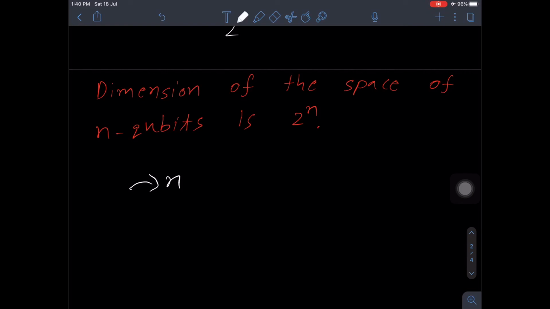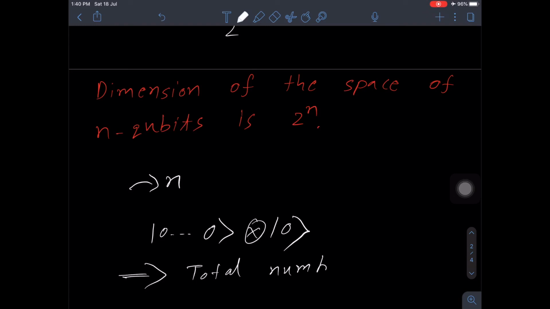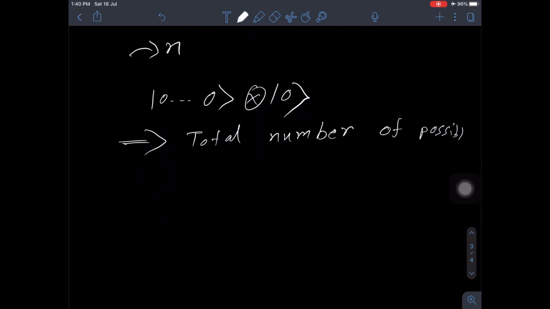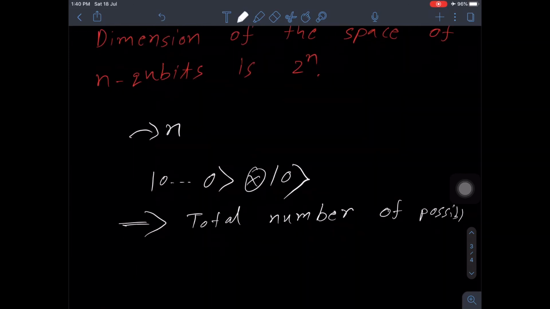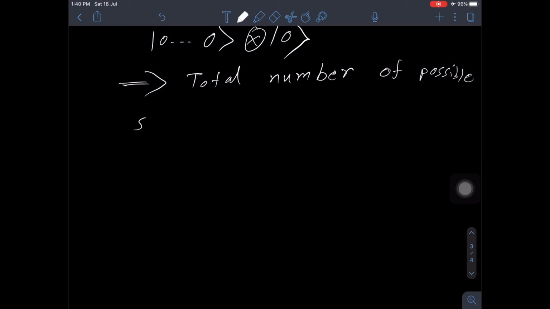But what happens here in a quantum state? Your basis elements add a new qubit, but the total number of possible states increases exponentially.